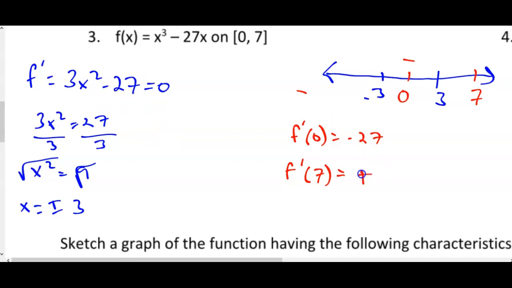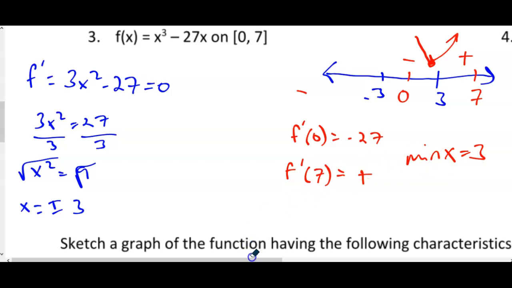Anyway, that's positive. So what that tells us is that we have a minimum at 3 because you have a decrease and then an increase. So this is a minimum right here at 3. All right, minimum at x equals 3.